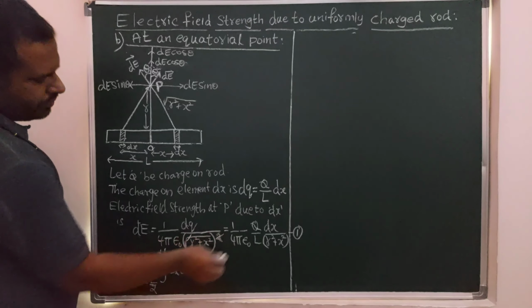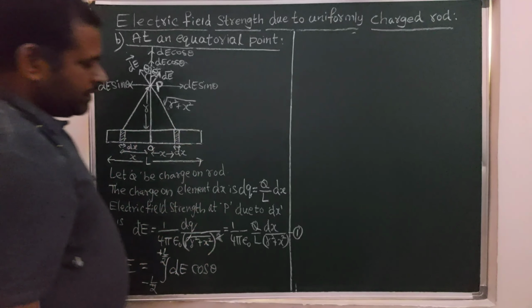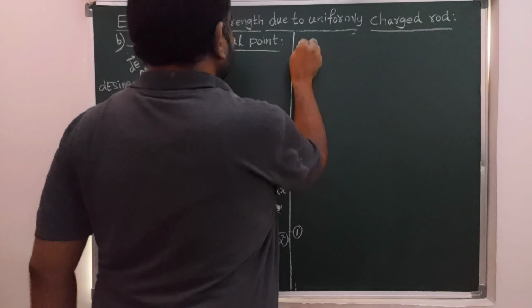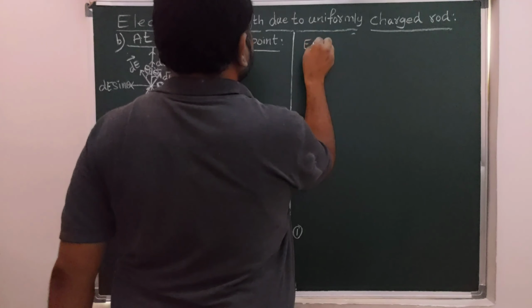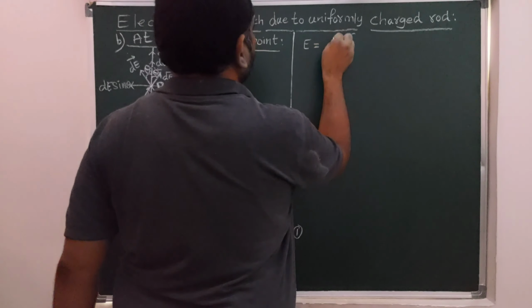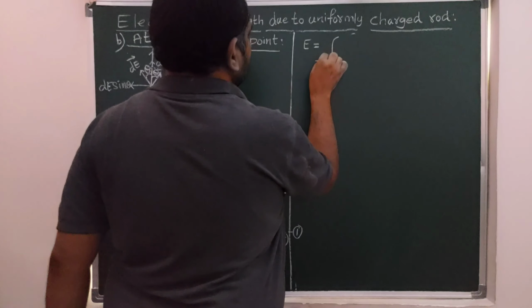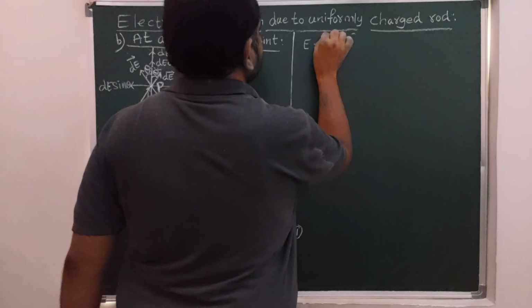So write the dE value in that. E is equal to the resultant electric field intensity, E is equal to the integration from minus L by 2 to plus L by 2.